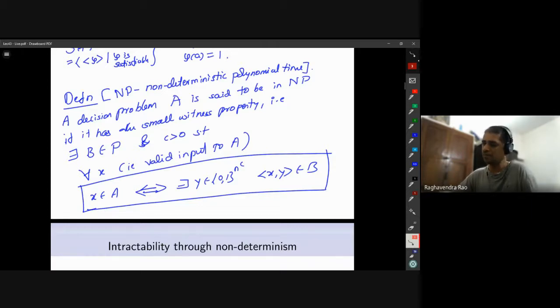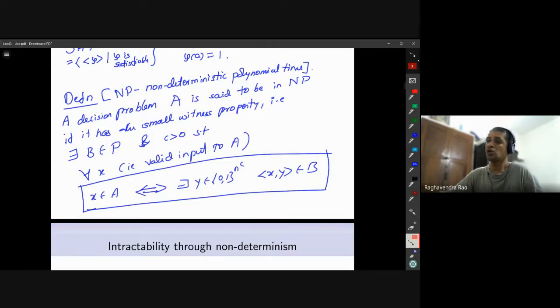You might have seen non-deterministic finite automata. What is extra compared to a deterministic finite automaton is transitions: for the same current state and same symbol, you can have multiple transitions, so you have choices. How is acceptance defined? If there is a path from the start state to one of the final states, then the NFA accepts.